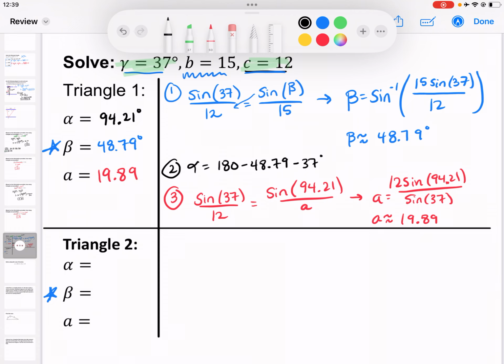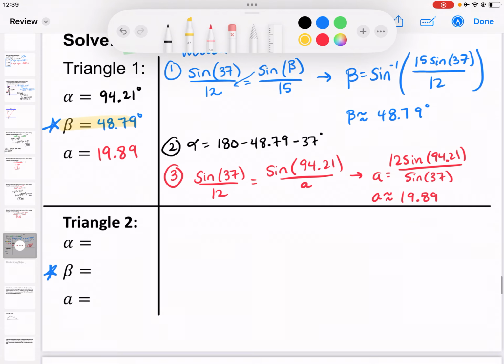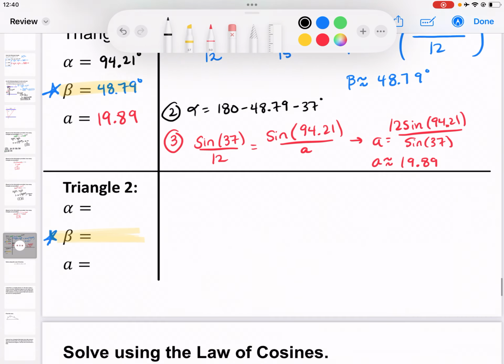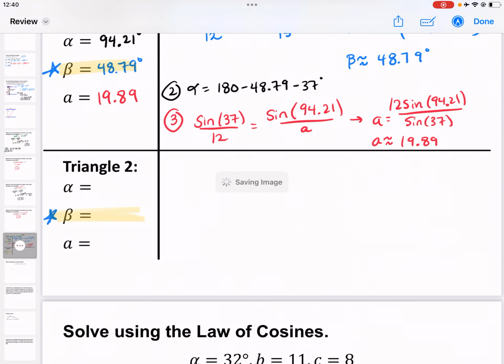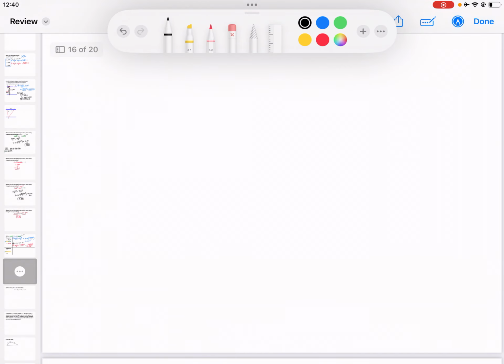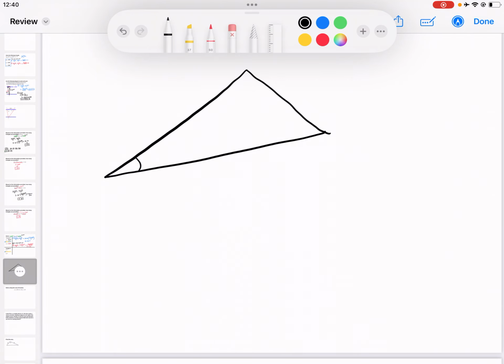Now we go to triangle 2. The only thing you use from what you found originally is the first angle that I starred, in this case beta. If you recall, the reason you have two triangles is because whenever you have a short side across from the angle, like right here, you could technically swing that side in and form a second triangle.